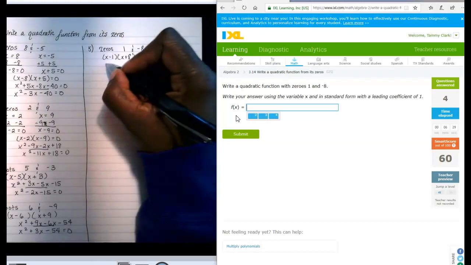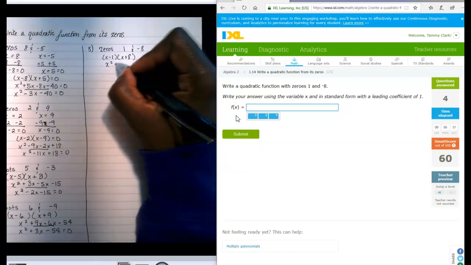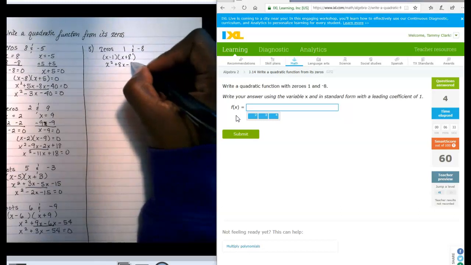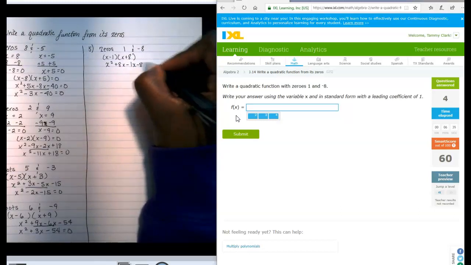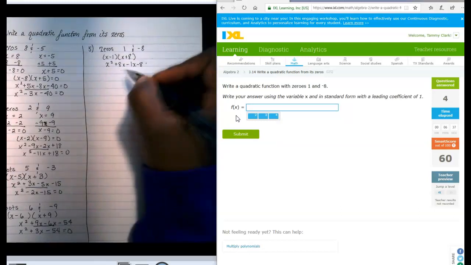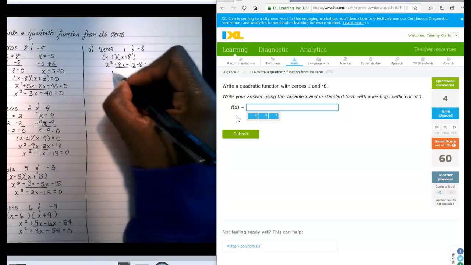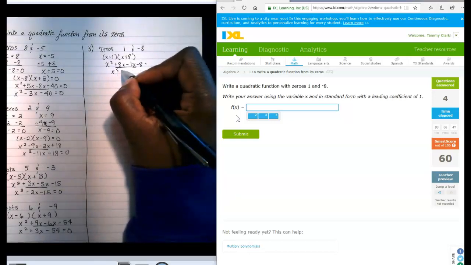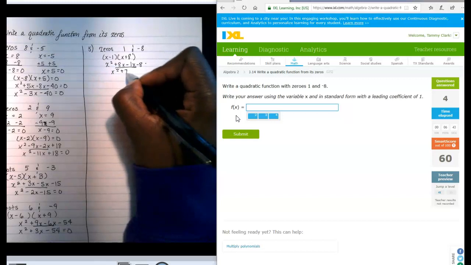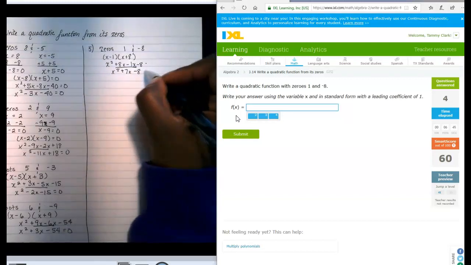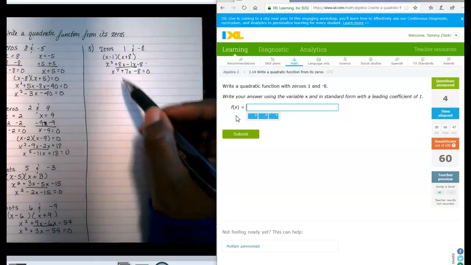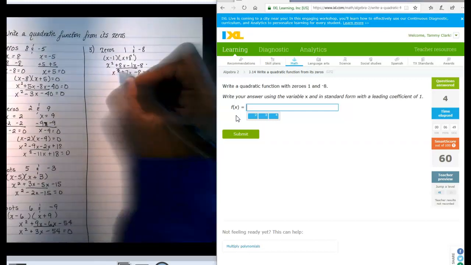And so that gives us x squared plus 8x minus 1x minus 8. Combine like terms, x squared plus 7x minus 8 equals 0. Oh, that's supposed to be the square.